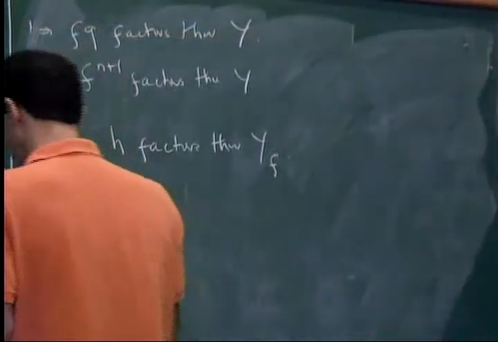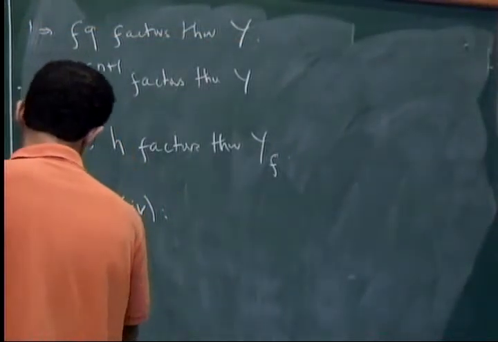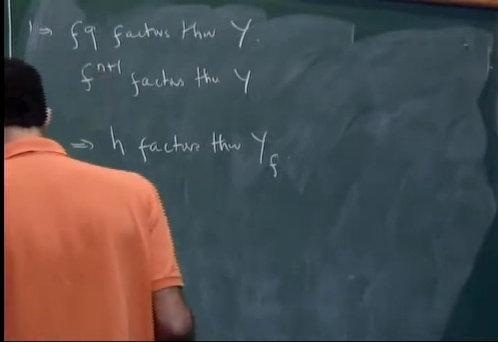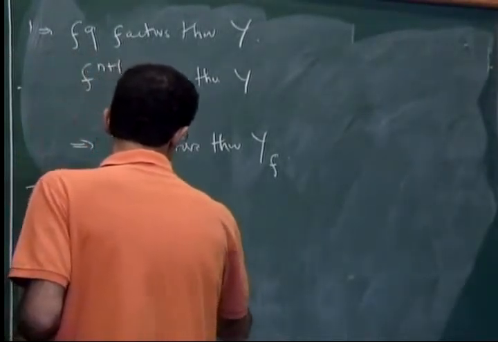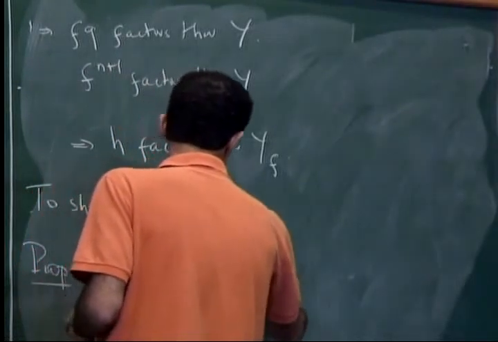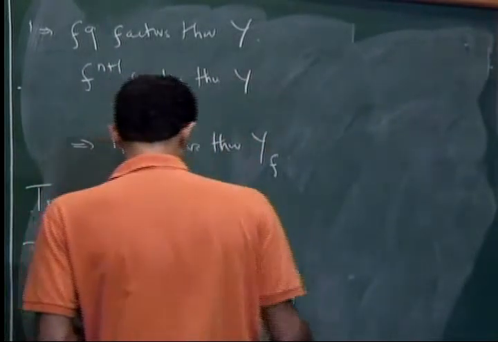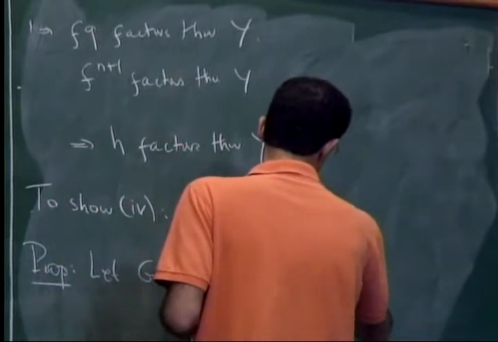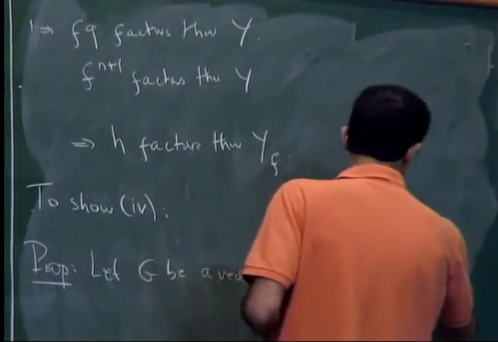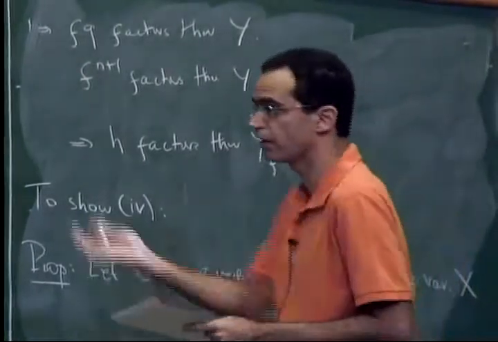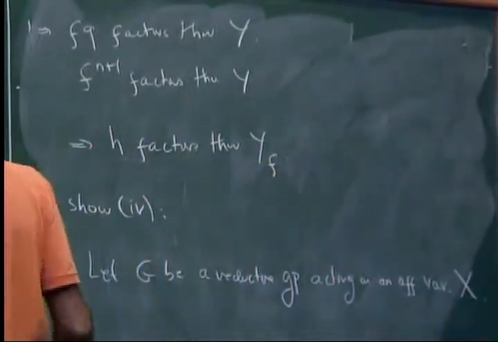And to show that, I'm going to use a proposition. In fact, it's going to be a direct consequence of that. So let G be a reductive group acting on an affine variety X, as in the statement of the theorem.